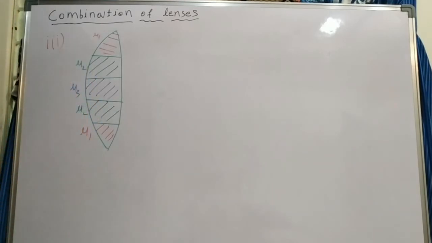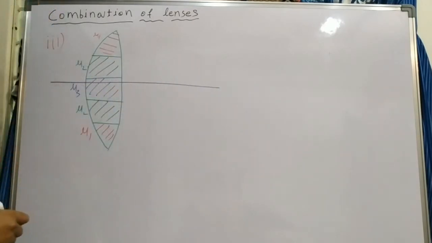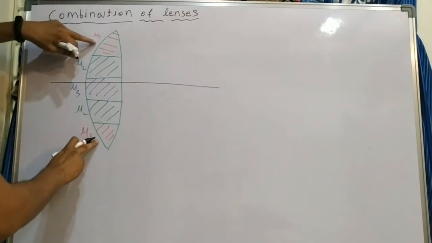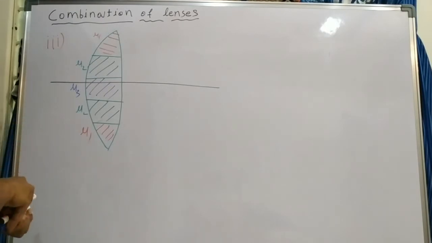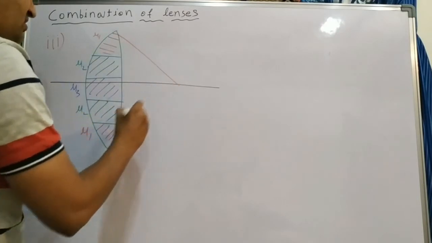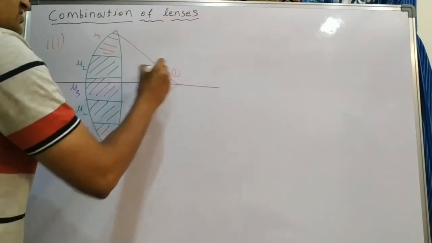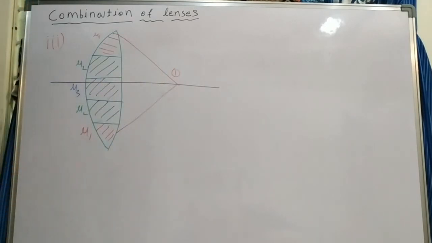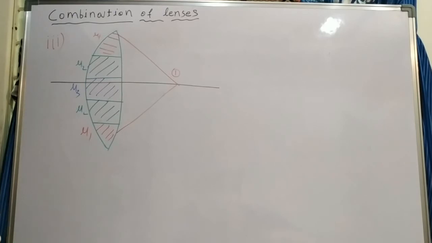In this case, how many images are formed? You can take this as the principal axis. These two materials are same, so these two form an image at a particular point. The rays coming from these two regions form an image somewhere here. This is the first image we get. Now these two are also the same material, mu2 and mu2, so focal length is same.